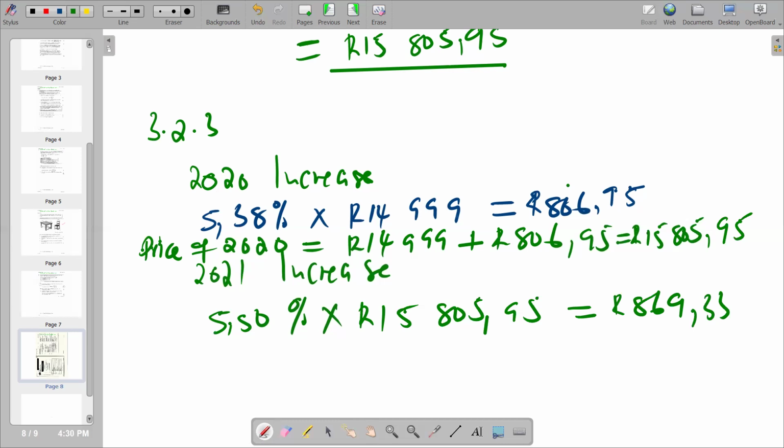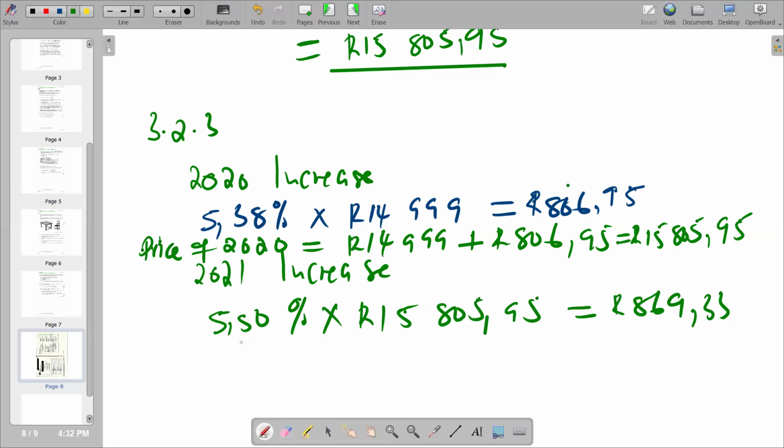So obviously, we would want to see what is the new price of 2021. So in that sense, the 2021 price will be equal to our 15,805 rands 95 cents.